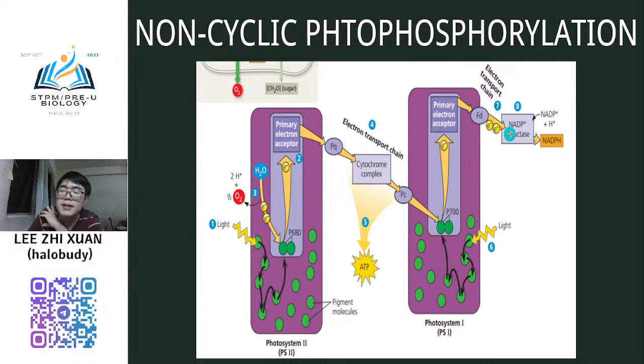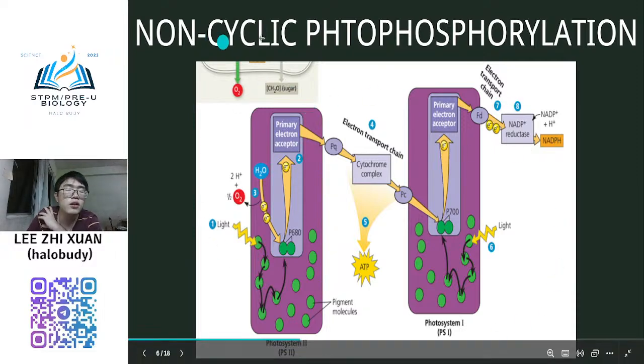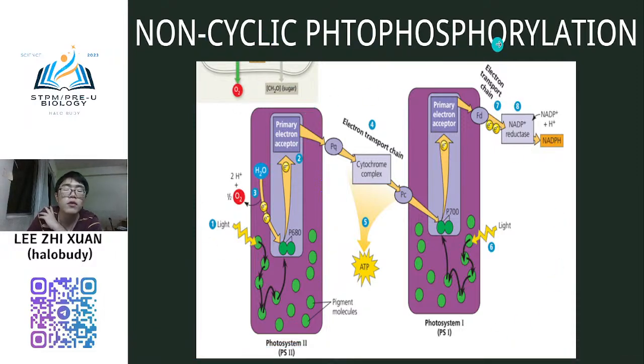This enzyme is the key to produce NADPH, by phosphorylating NADP plus. So these are all the overall reactions inside the non-cyclic photophosphorylation.